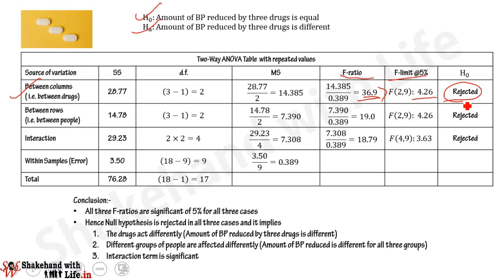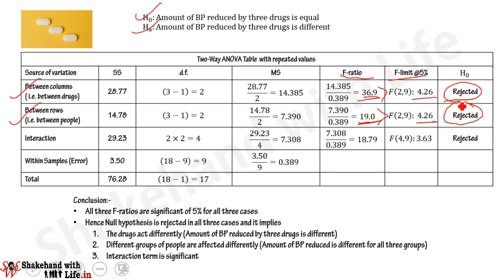Now for the second factor, which is the group of people, how the group of people are affected by three drugs, right? So for this case the F ratio is 19 and F limit is 4.26, and clearly again the F ratio is much greater than F limit, and again we reject the null hypothesis for this case. So the null hypothesis is again rejected for the group of people, the second factor.